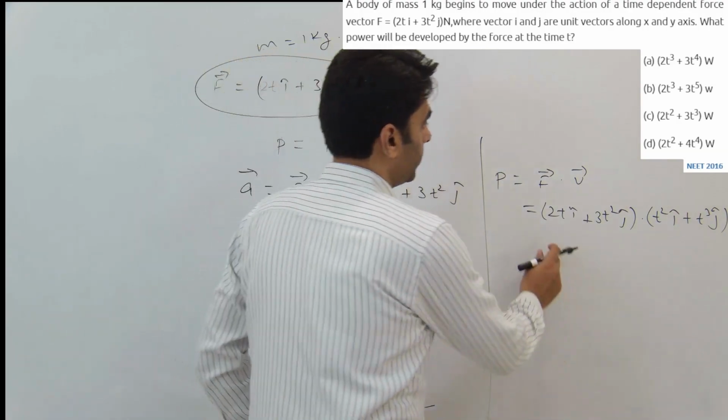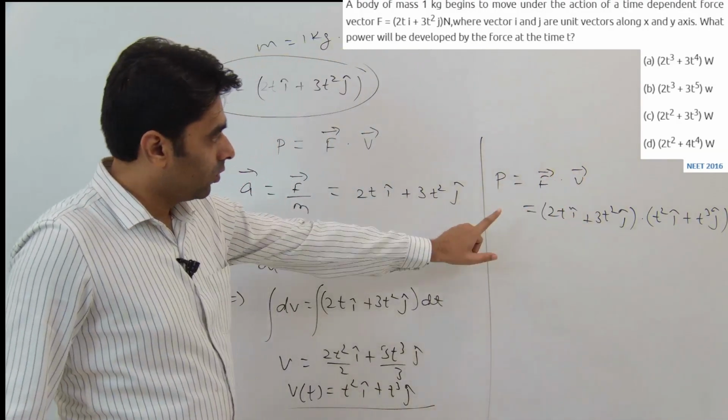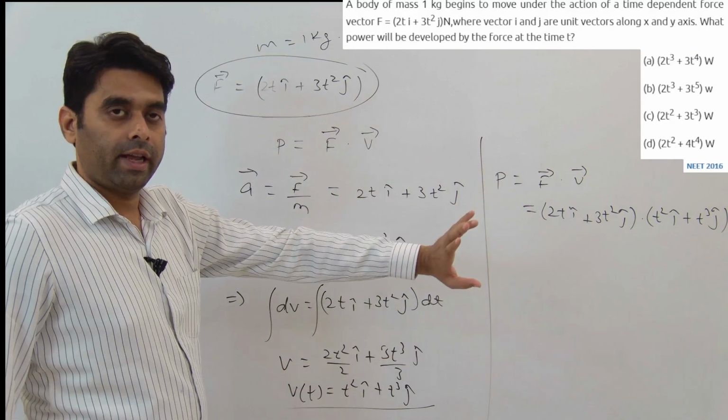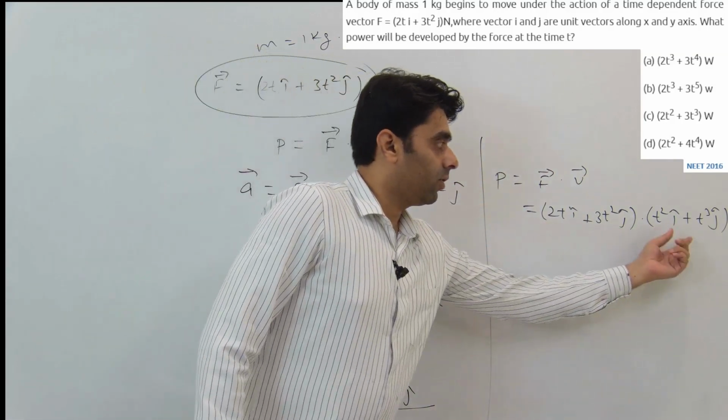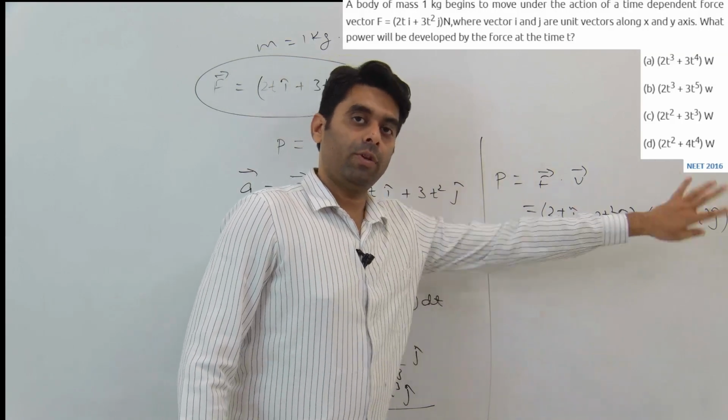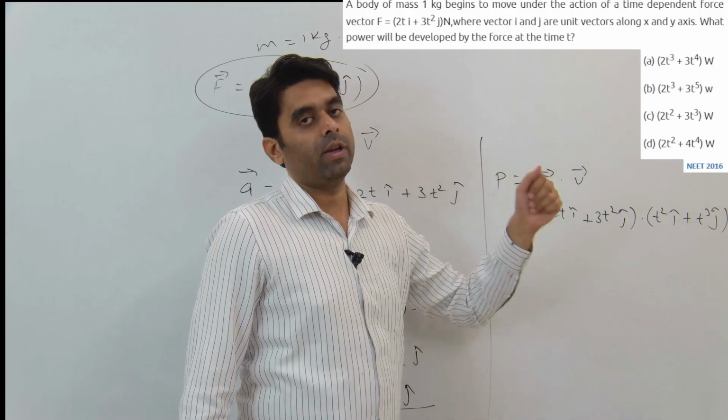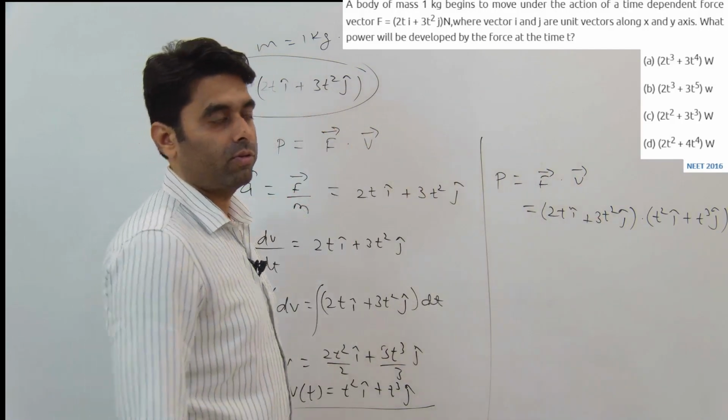Visible, fine. So force and velocity we got, as functions of time, and we'll do the dot product. In a dot product we take the coefficient of i, coefficient of j, coefficient of k. There is no k over here, so we just need to multiply the coefficients of i and j.